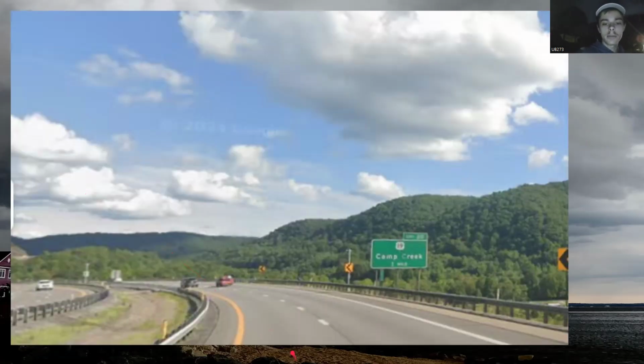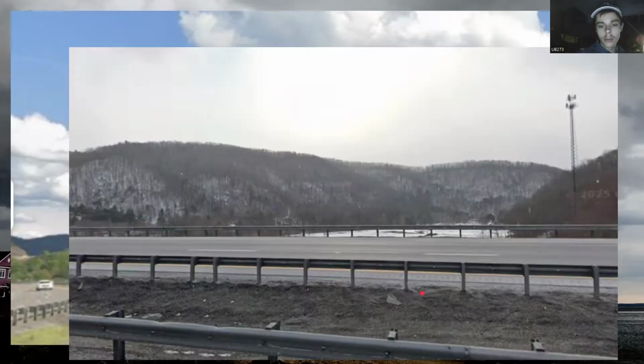If you can imagine, I was right here and I was going like that, just turning, going back over into this lane. But what's right here, not that good. This is what it would have looked like that day. This is not a picture from that day. This is street view from 2025, but same idea. There, it was like winter conditions. So this is the exact location. And over here, you might not be able to see, but there's a drop off right there.